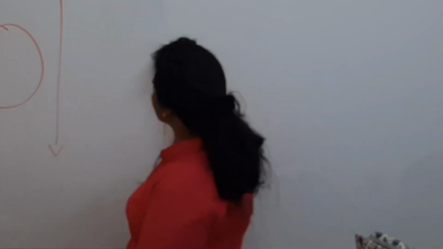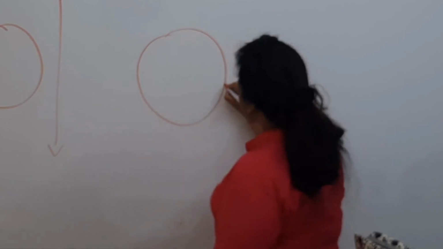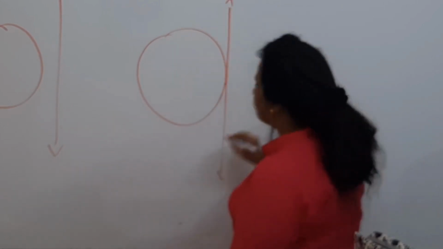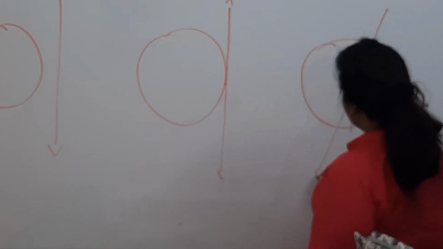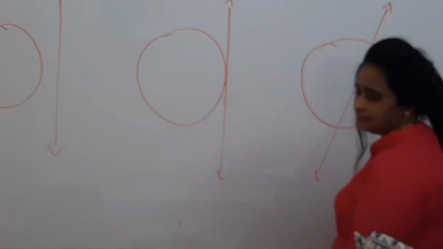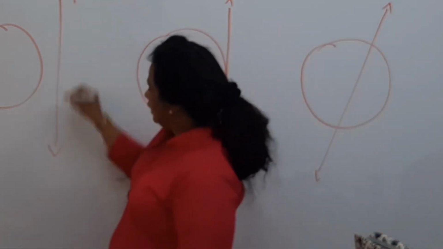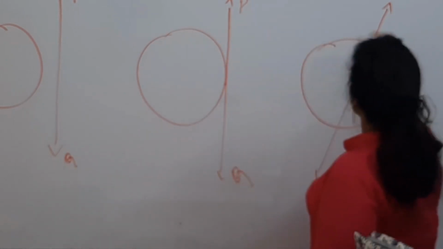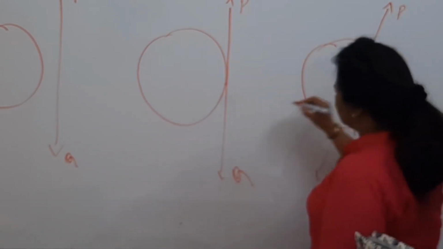My second possibility, a circle and a line that touches the circle. And my third possibility is a circle and a line that intersects the circle. Now let me name this line PQ. And all these circles have the center O.